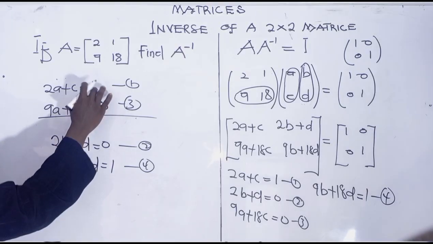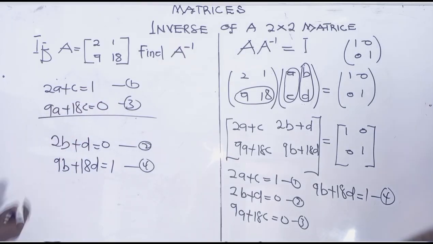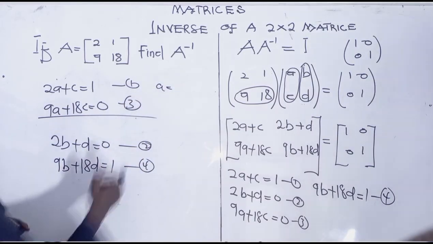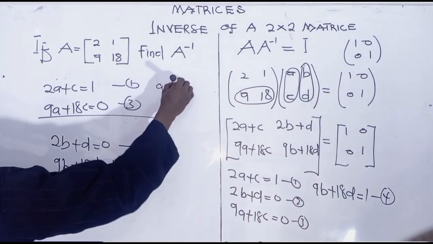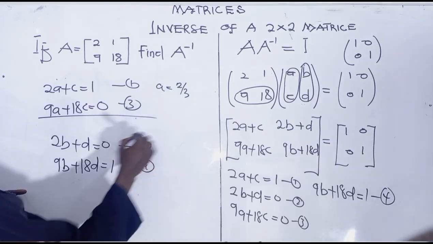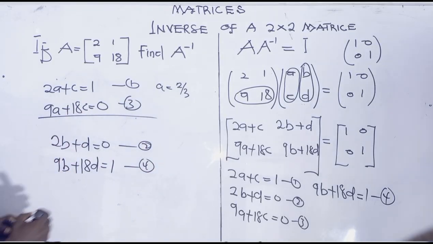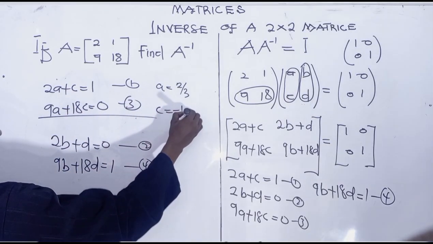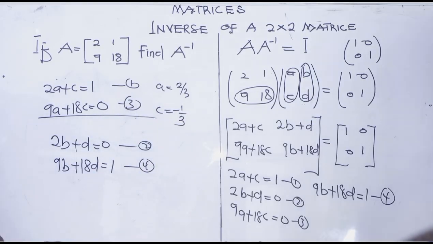Now when you solve these two equations simultaneously to find the values for A and C using your calculator, you have A equal to 2/3, and C equal to -1/3. You can use your calculator to find A and C. You can also use your calculator to find the variables B and D.